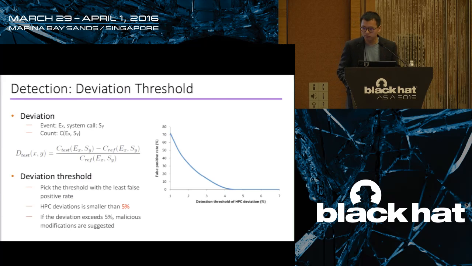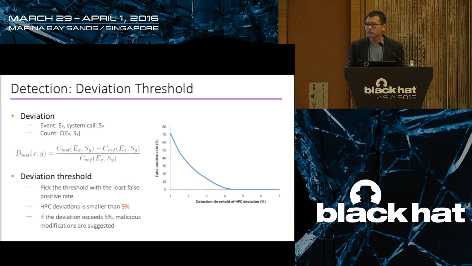Okay, since we cannot avoid the noise during the counter reading, we need to characterize a noise threshold. We call it the deviation threshold, to quantify what noise level is tolerable, right? So the way we compute the deviation is that we define the event E_X. So X basically means a particular event, right?